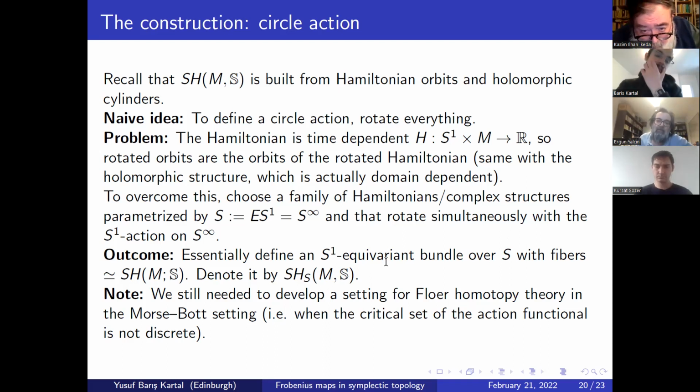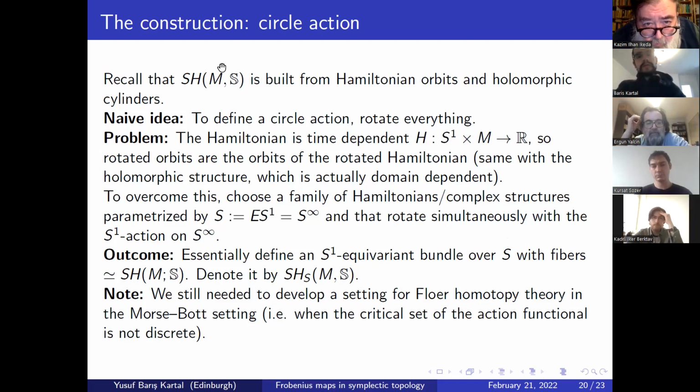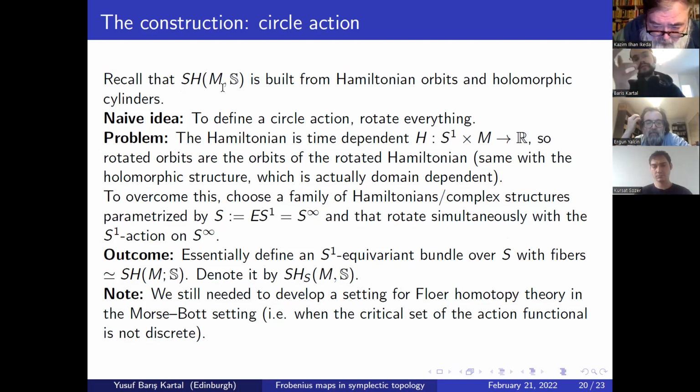The main reason we can't simply describe the circle action on SH is because, as in this picture, you built this from Hamiltonian orbits and holomorphic cylinders, but when you rotate orbits, they are no longer orbits of the same Hamiltonian. They are orbits of the rotated Hamiltonian. But this construction doesn't actually depend on the Hamiltonian.